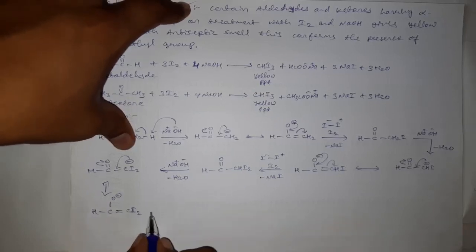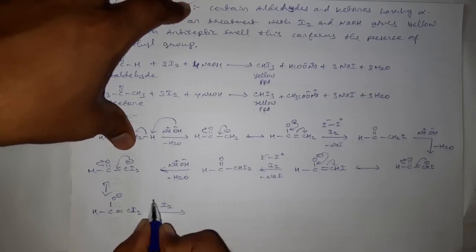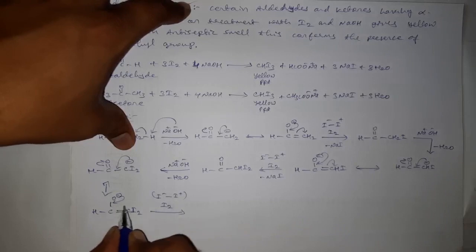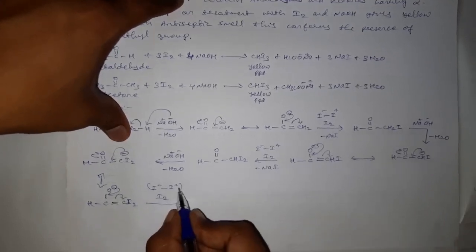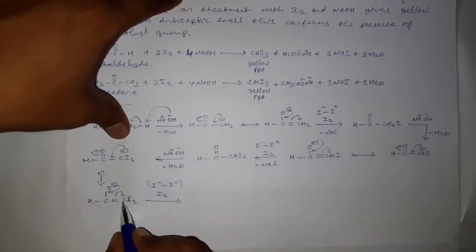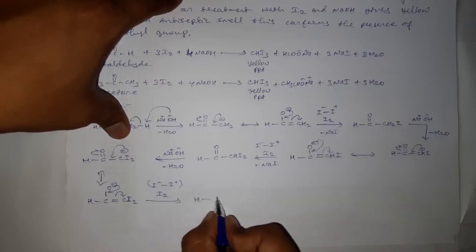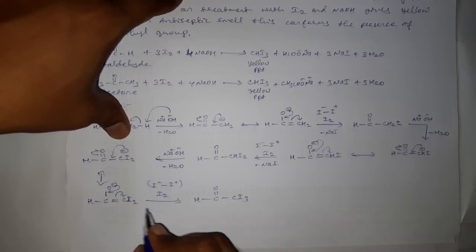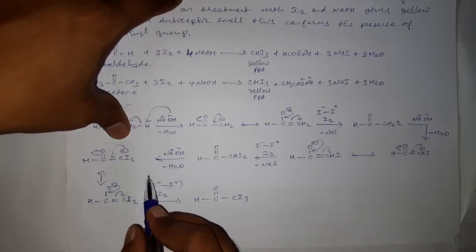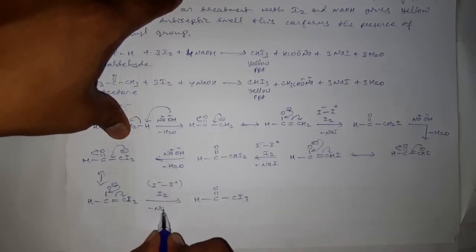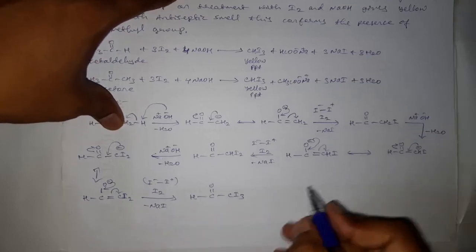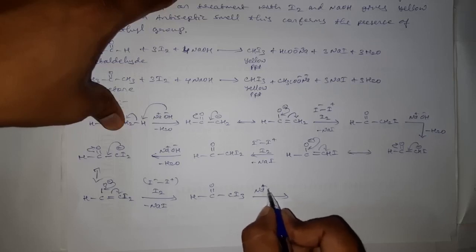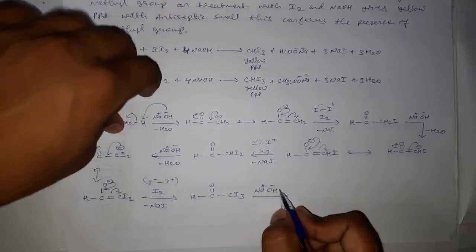Okay, when this is treated with another molecule of I2 which is having I minus I plus, by the bond delocalization, this positive iodine will combine with this carbon to give C double bond O CI3, and this negatively charged iodine will combine with this Na plus and go out as NaI, sodium iodide. Okay, when this is treated with the last molecule, that is the fourth molecule of sodium hydroxide.